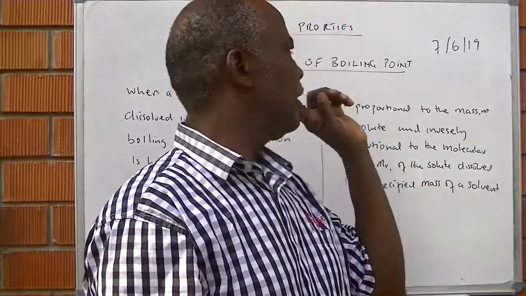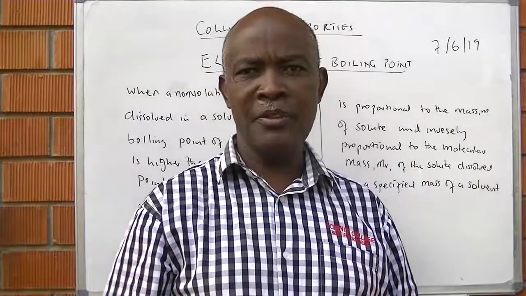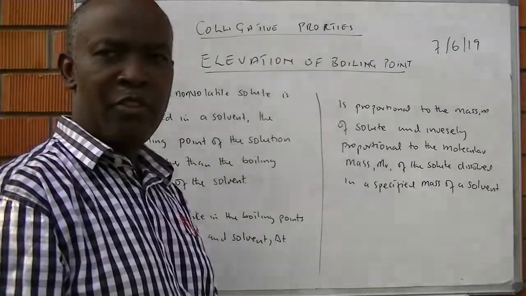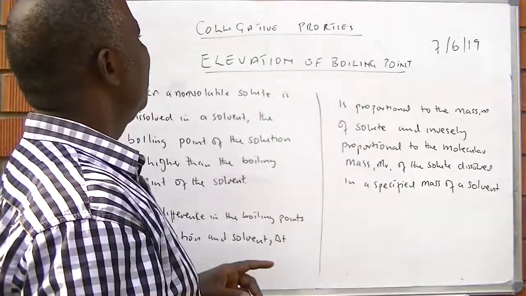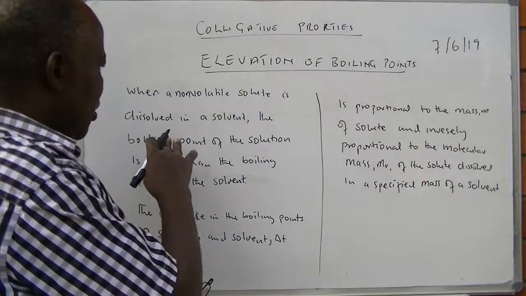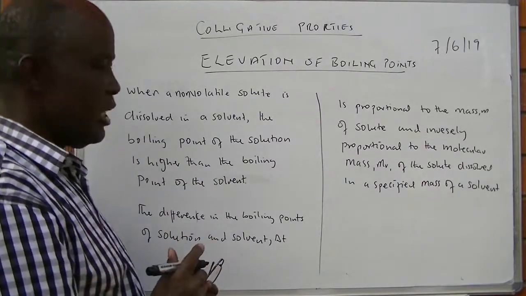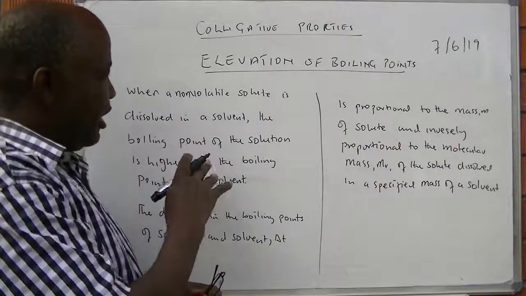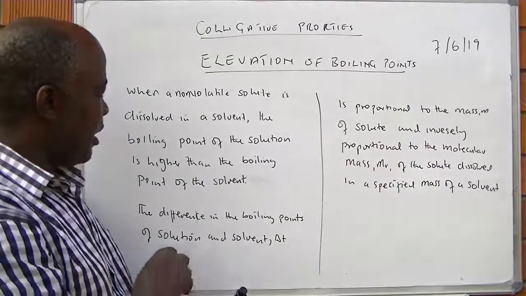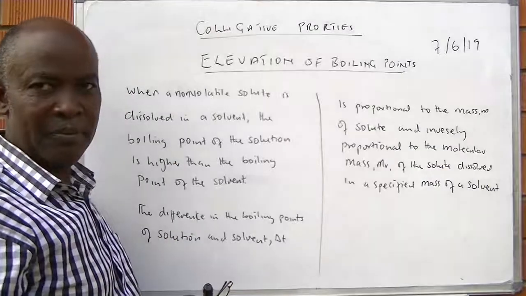Today, 7th June 2019, we are going to consider colligative properties. When a non-volatile solute is dissolved in a solvent, the boiling point of the solution is higher than the boiling point of the solvent.